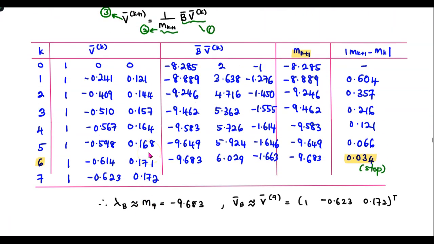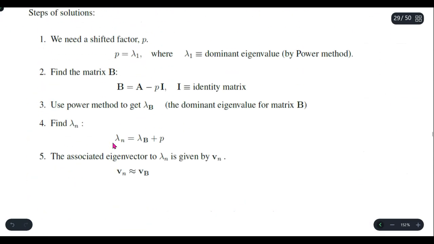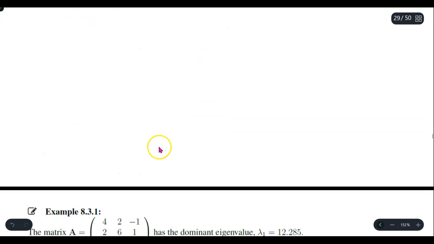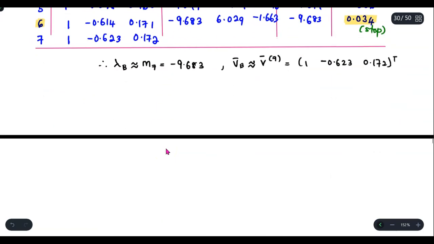Now, back to the next process in the shifted power method. Once you get your lambda b, the next step is this one: find lambda n. Our n is 3 because we have a 3 by 3 matrix. So lambda 3, which is the smallest eigenvalue, is given by lambda b plus p. So lambda 3 is equal to lambda b plus p.